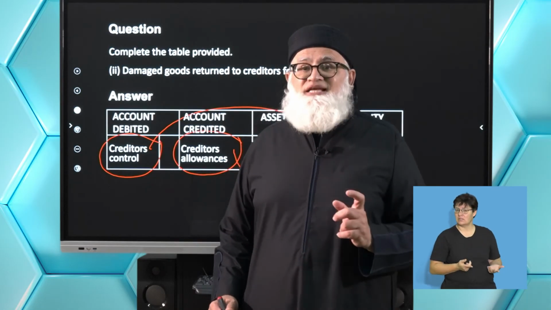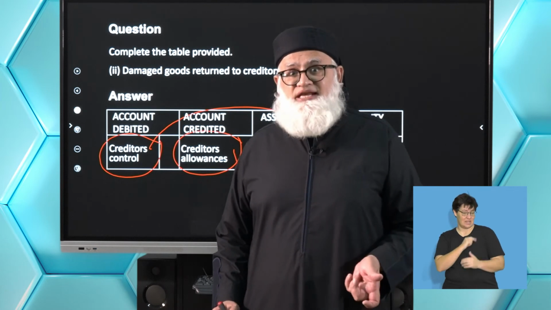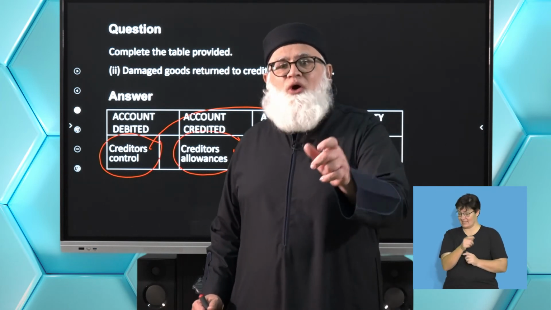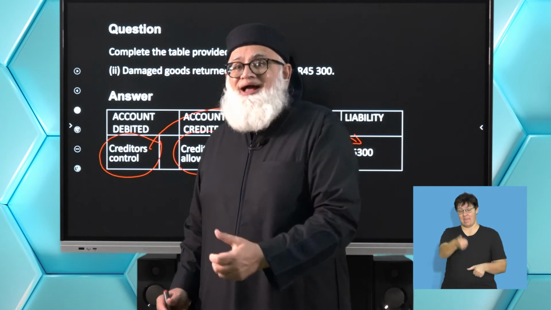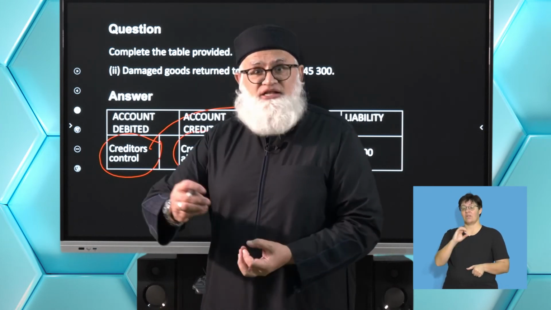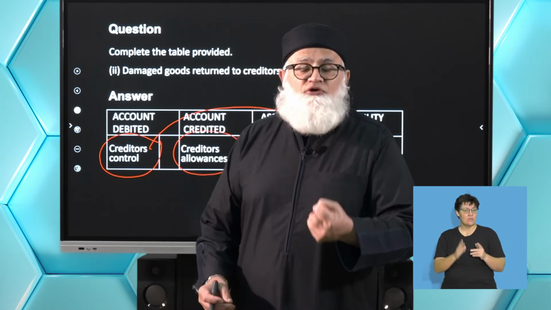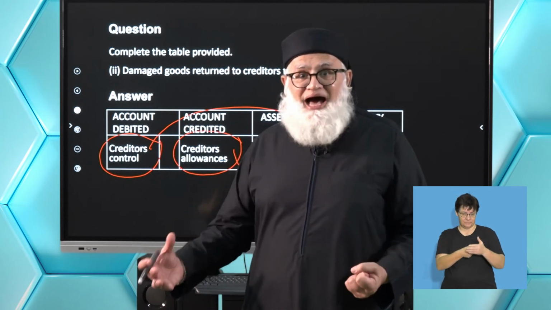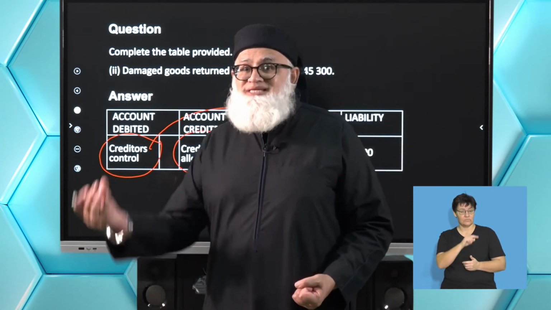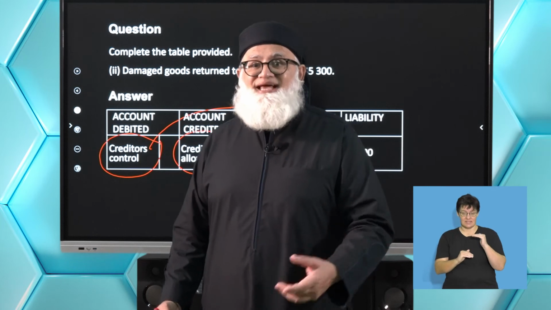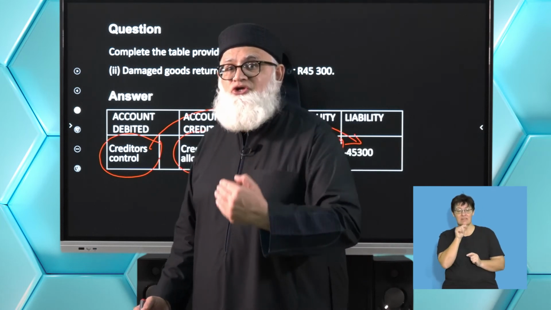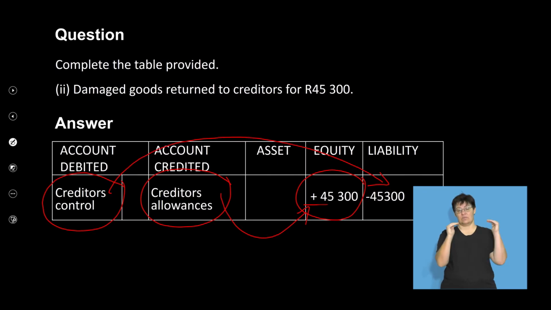Now this is the reasoning behind it and the understanding of it. When you are returning goods, creditors' allowances will eventually be subtracted from your purchases. So now, because it's going to decrease your purchases, it's going to increase your owner's equity. And that's the reason for the plus 45,300 in the owner's equity account.